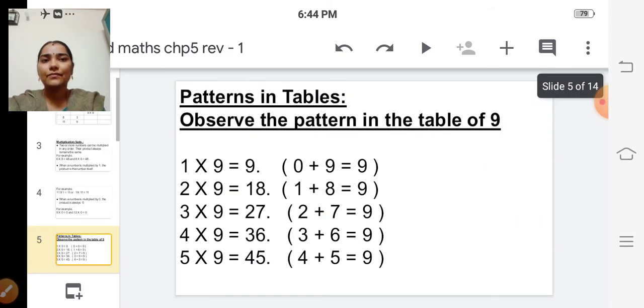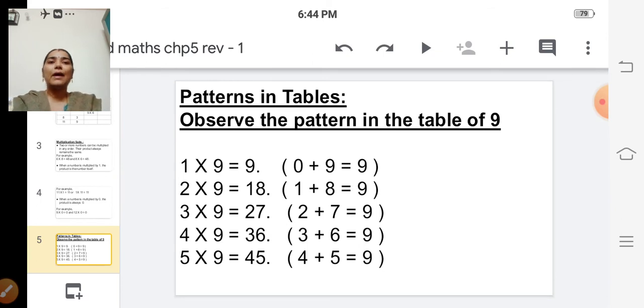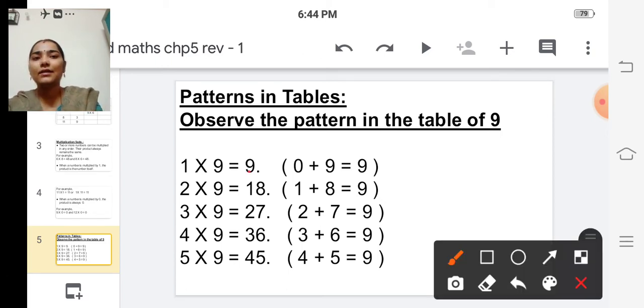So these are the multiplication facts. Okay, children. The next one is patterns in tables. So there are patterns in tables. First let's see the pattern in the table of 9. See, 1 9 is 9. So 9 can be written as 0 plus 9. And next one is 2 9s are 18.